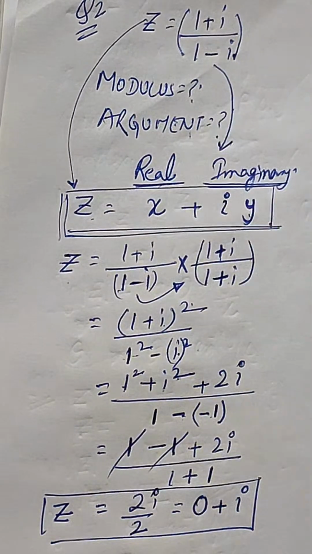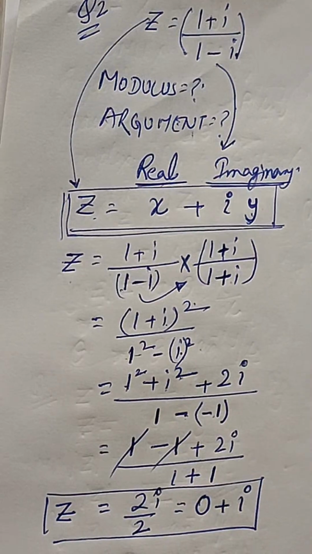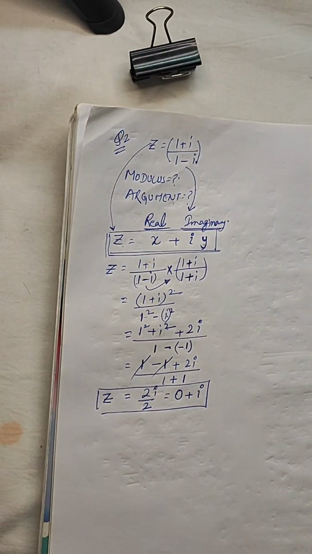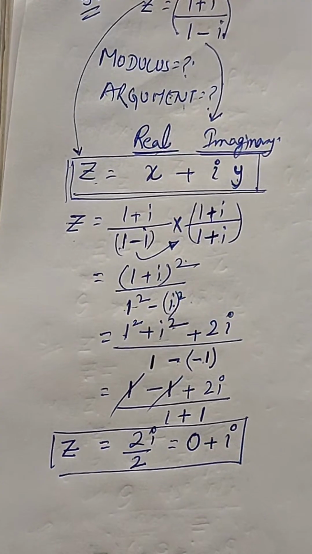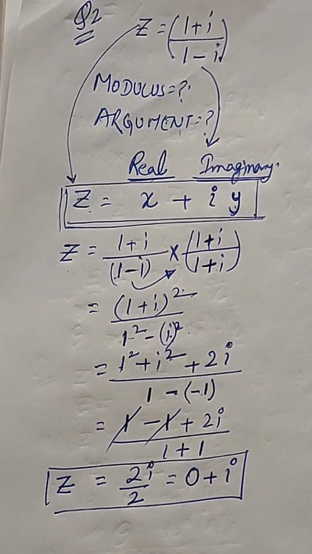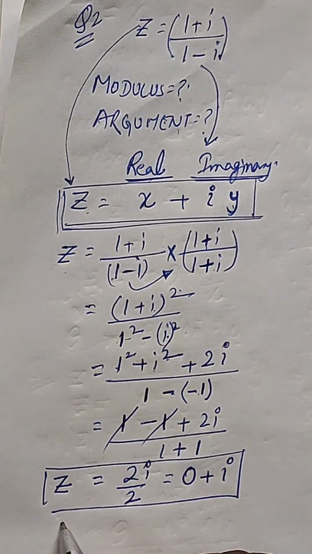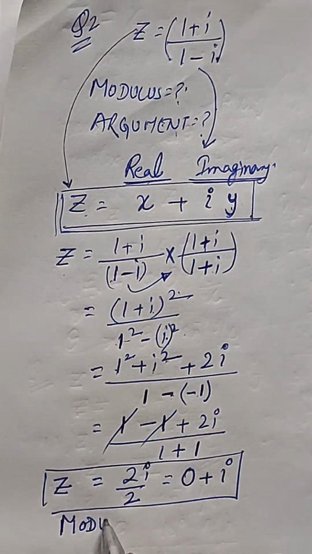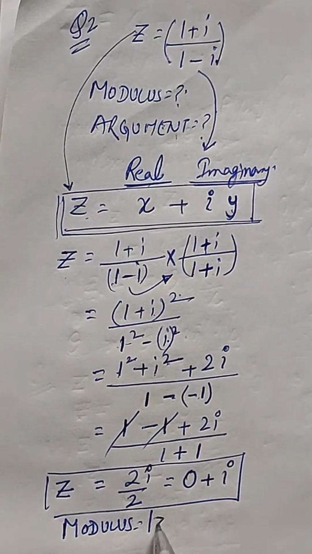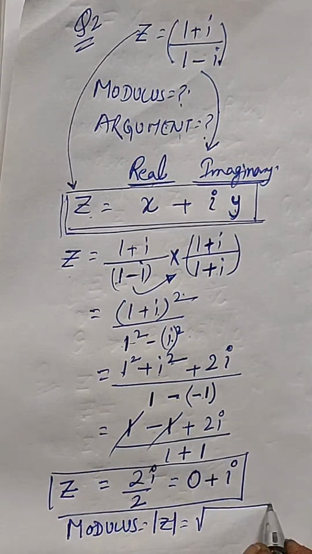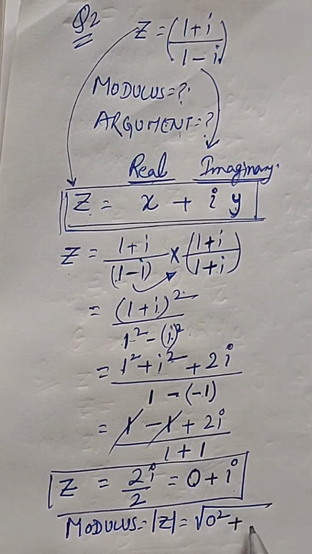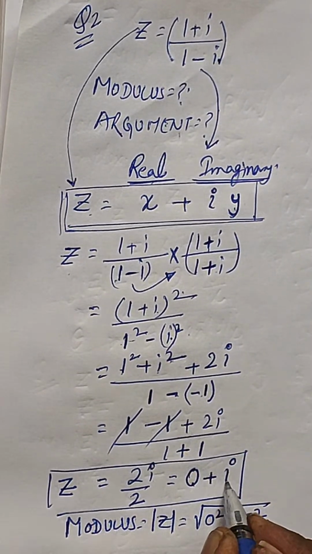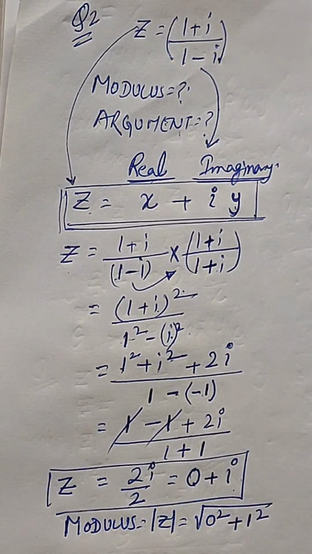Then what will be the modulus? Modulus is very simple. Modulus is root over of x square plus y square, real part whole square and imaginary part whole square. Modulus is nothing but root over of real part whole square, that is 0 square, plus imaginary part whole square, that is 1 square, because for i nothing is there, 1 is there, right?